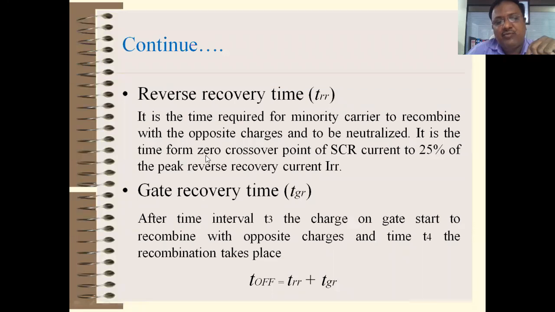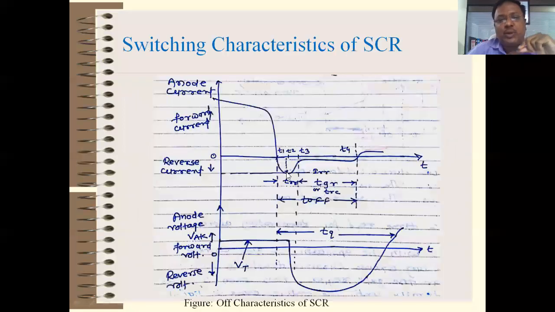It is the time from the zero crossover point of SCR current to 25% of the peak reverse recovery current. So this one is the peak reverse recovery current and this is 25%. At time t3 it reaches that 25%.